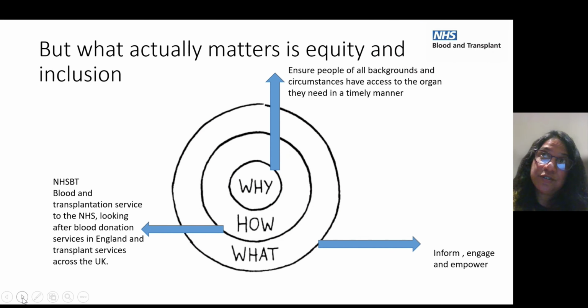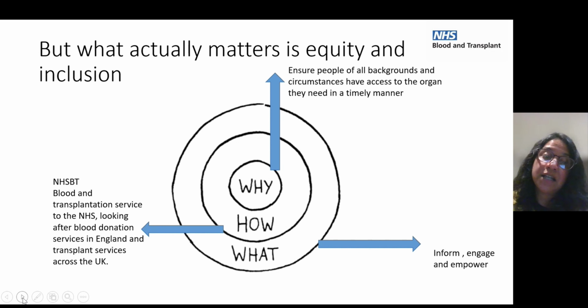And while it's really important to recognize that our societies are diverse, it's helpful to remind ourselves, using Simon Sinek's golden circle, why we do what we do. We're having these lectures and we do the work in improving diversity in donor panels because we want to ensure that people of all backgrounds and circumstances have access to the organ they need in a timely manner.